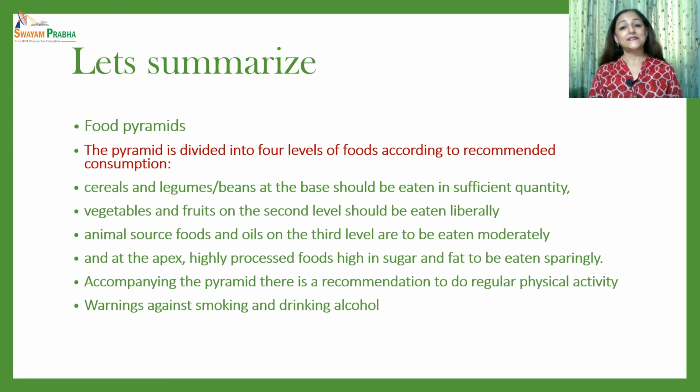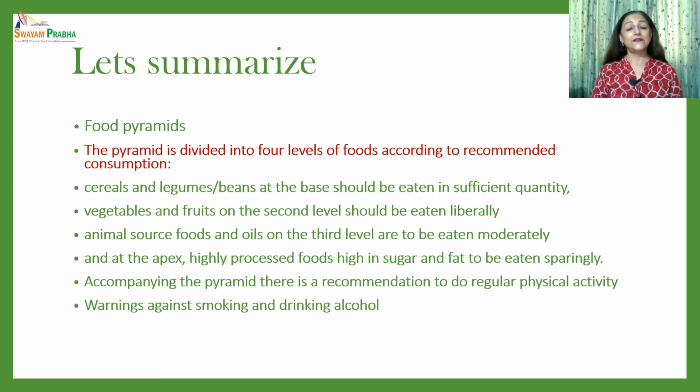This pyramid is divided into four levels of foods according to the recommended consumption. The base of this pyramid contains the food groups cereals, legumes and beans, which should be eaten in sufficient quantity. The second level is vegetables and fruits, which should be eaten liberally.